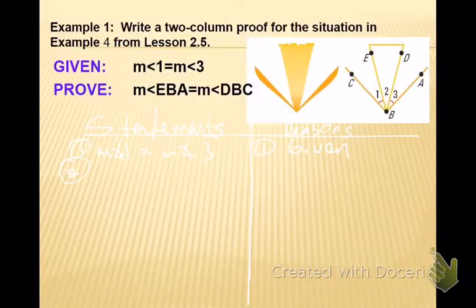So the first thing I'd look at, not a whole lot I can do from the given. But if you look over in the diagram, you'll see that the measure of angle DBC is equal to the measure of angle 1 plus the measure of angle 2. If you add those two angles together, they'll equal that bigger one, angle DBC. So I can write the measure of angle DBC is equal to the measure of angle 1 plus the measure of angle 2.